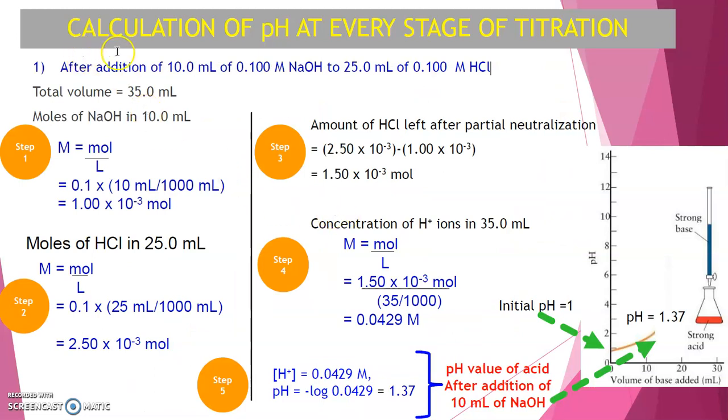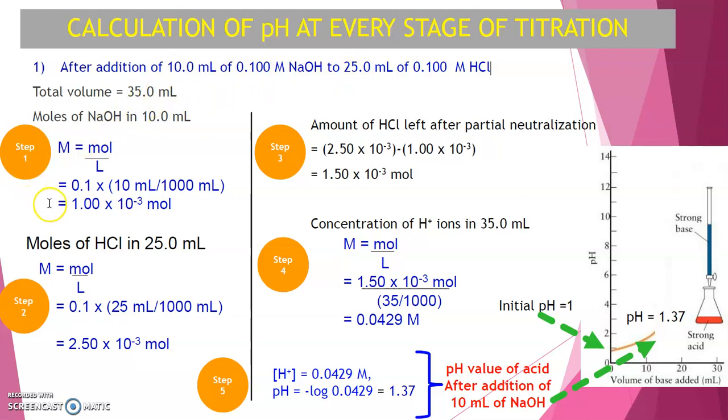So this is a calculation involved to find the pH at every stage of titration. As you can see from this question, after addition of 10 ml of 0.1 molar sodium hydroxide to 25 ml of 0.1 molar HCl, so HCl is placed in your conical flask. So you add 10 ml of sodium hydroxide, so now the total volume is 35 ml.